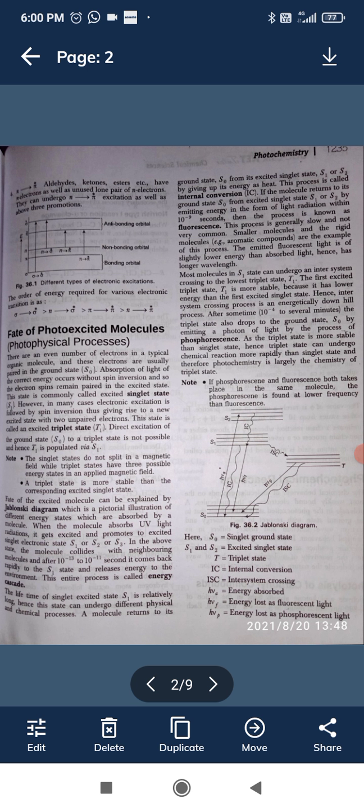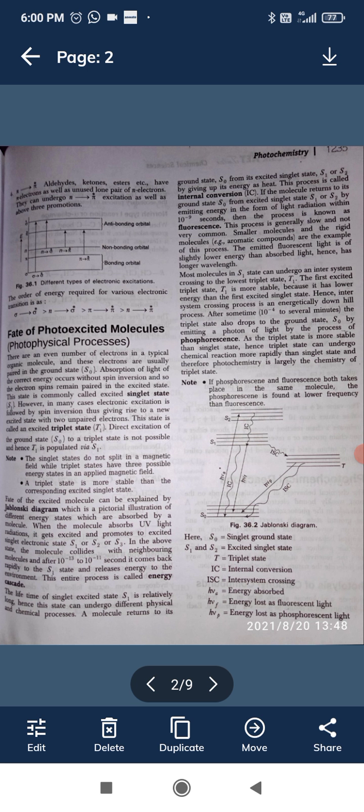According to this Jablonski diagram, if an organic molecule absorbs UV light radiation, the electron present in the ground singlet state S0 can go to S2. The first arrow mark gives the clear representation: S0 to S2, that is the excited singlet state.